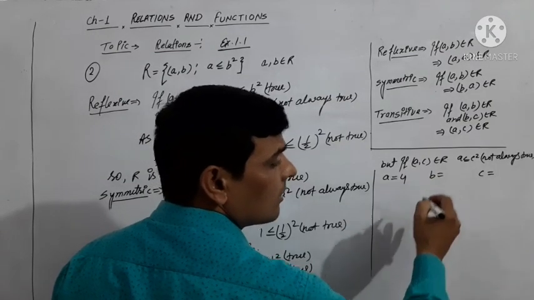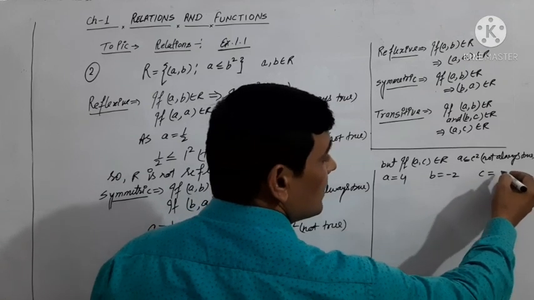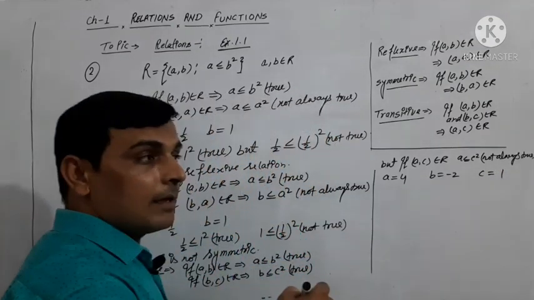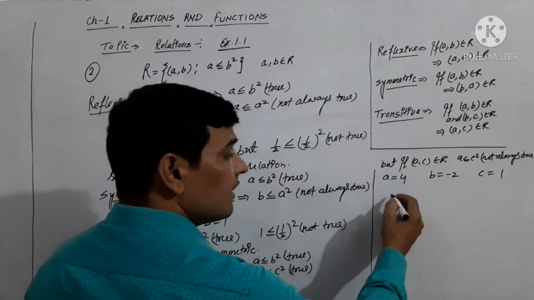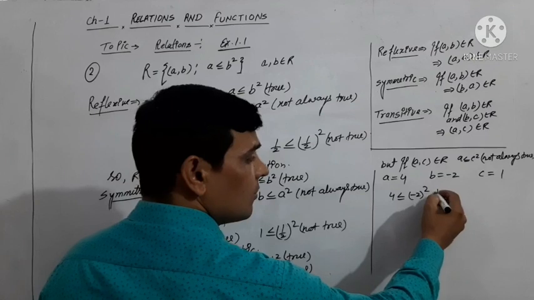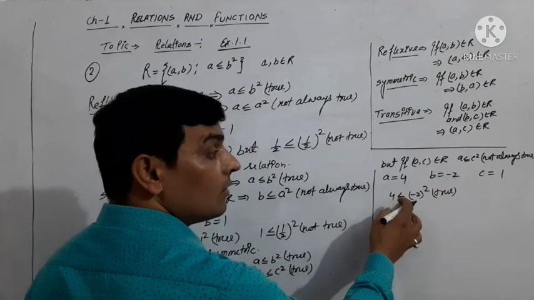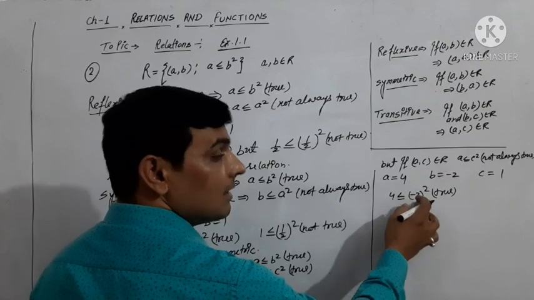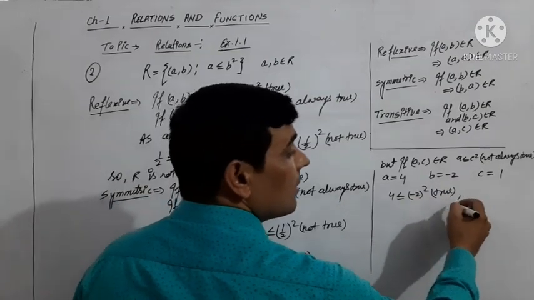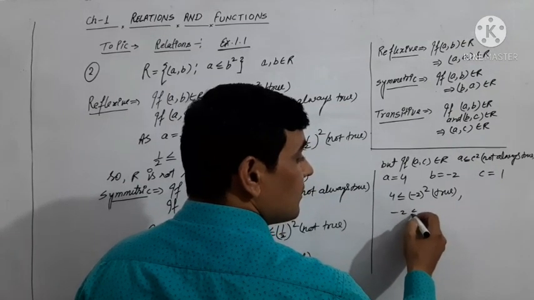Let a equal 4, b equal -2 and c equal 1. Check the first condition: 4 less than or equal to (-2) squared. True? How is it true? 4 is less than or equal to 4; 4 is equal to 4. This is true. Second condition: -2 is less than or equal to 1 squared.